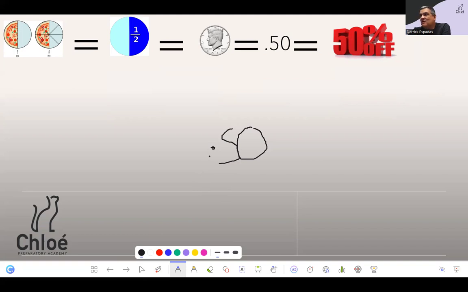We're going to go 1, 2. And since we moved that decimal, it's now 50. It's not 0.5, it's 50. And then we add the percentage sign. And that's all we do. We move the decimal over 2 places to the right and add the percentage sign. That's how we do it.